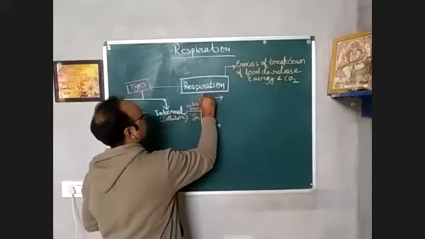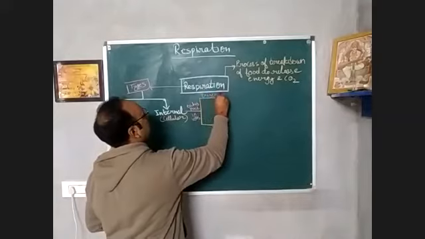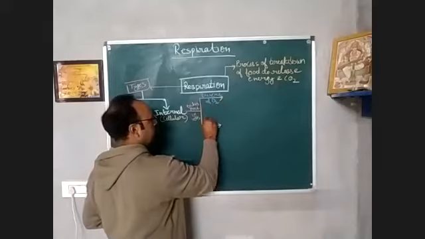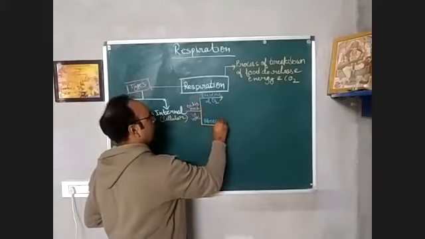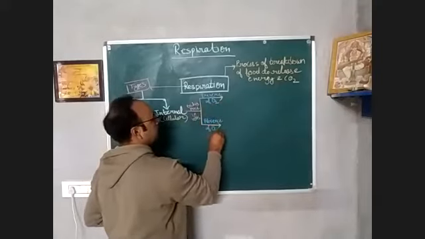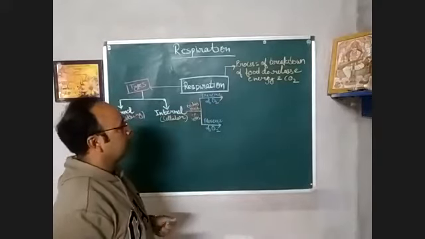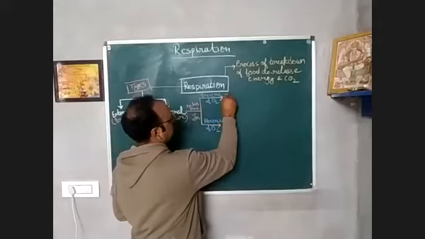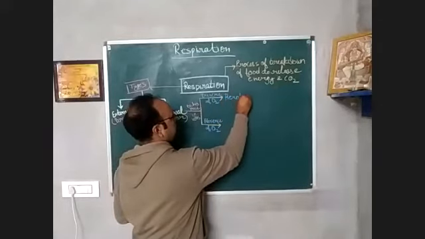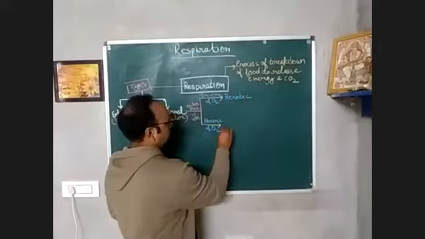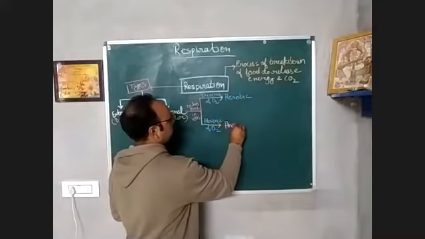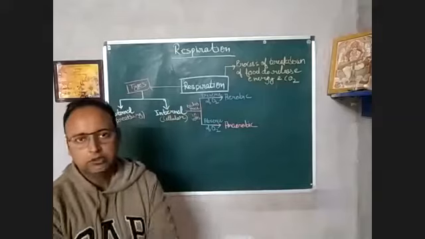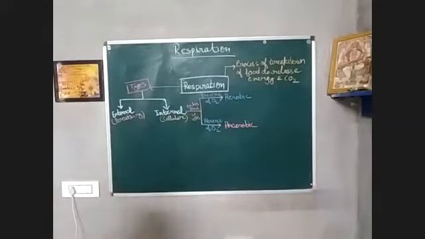So presence of oxygen, I am writing O2, and here I am mentioning absence of oxygen. Presence of oxygen, we remember, is aerobic, and absence of oxygen is anaerobic. So this is aerobic and anaerobic.